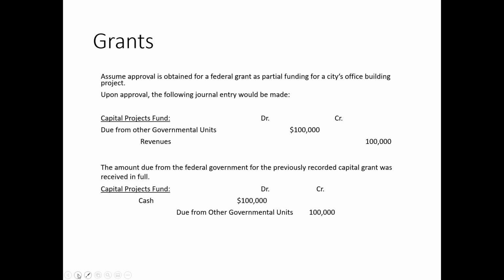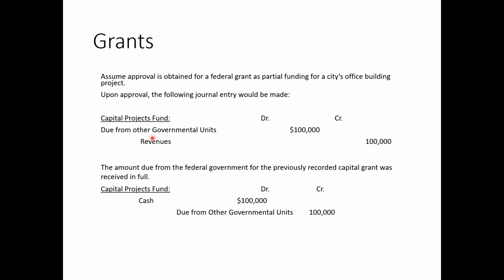Grants. Grants are also important for the project fund. Again, assume approval is obtained for a federal grant as partial funding for a city's office building. Upon approval, we're going to make this journal entry with debit due from other governmental units, then credit revenues, $100,000.